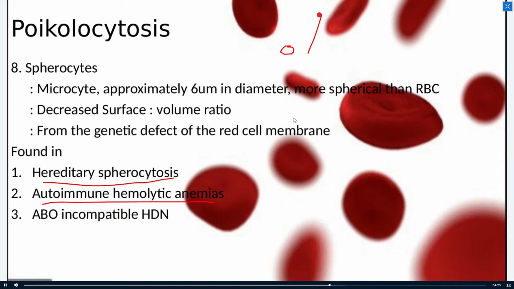Whenever you talk about autoimmune hemolytic anemia, what does this involve? What attacks your red blood cells, causing hemolytic anemia?